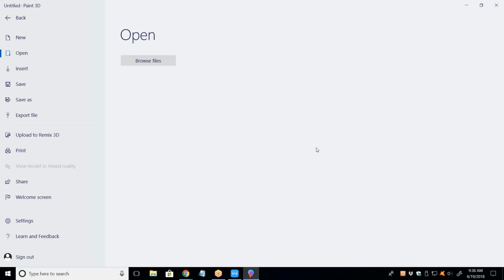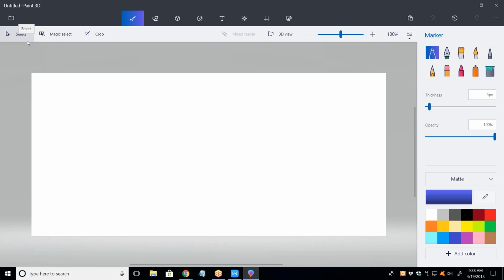I would just click new and just draw it that way. I'm somewhat familiar with 2D Paint, but not much with 3D. Let's see, I have to highlight a pencil here. That is horrible. What do I need here?